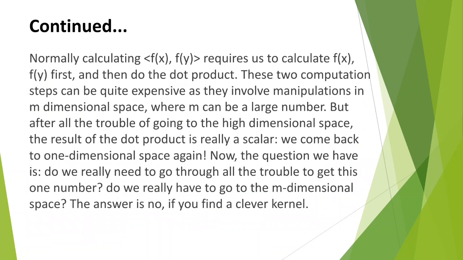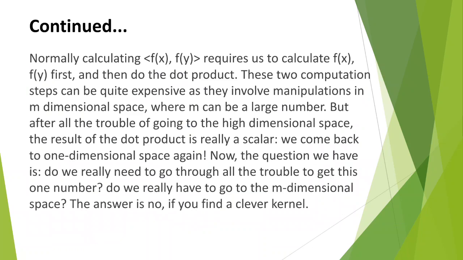Normally, calculating <f(x), f(y)> requires us to calculate f(x) and f(y) first and then do the dot product. These two computation steps can be quite expensive as they involve manipulations in m-dimensional space, where m can be a large number.